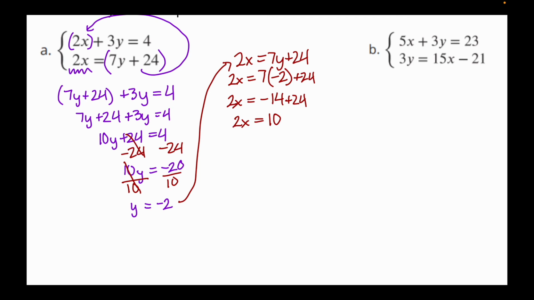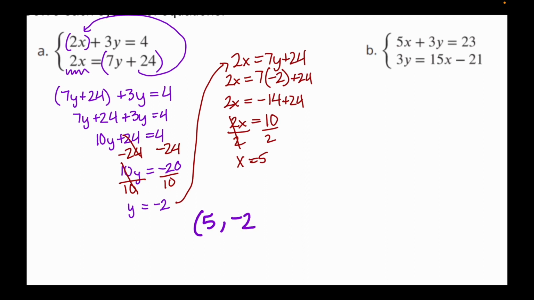Which means then our last step here, we can take both sides and divide by 2 because we haven't quite solved for x yet, and x is going to be 5. So this means we can write our answer all together as 5 comma negative 2. Negative 2. Started to write at an angle there. And this is now what I can put a box around and call this my answer.